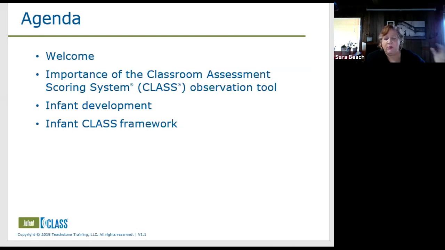In other words, we have to take on their lens and rate the classroom based on their rating scale in order to know that our assessment is valid. We want a valid and reliable score.